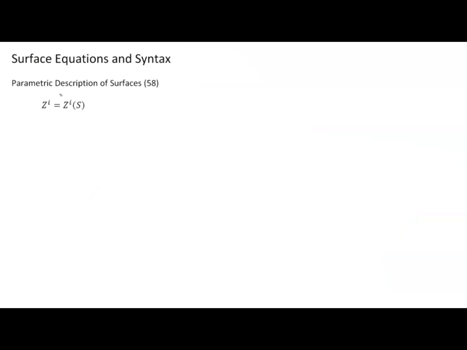The first thing we did was to show how we can use this one simple expression to develop a parametric description for our surfaces. Now, as the free index indicates here, we have one function for each of the coordinates in our ambient space, and the argument of each of the functions is a list of the surface coordinates.